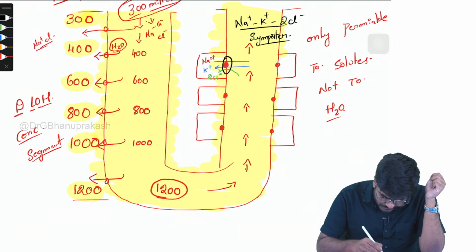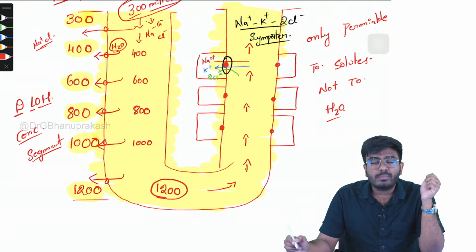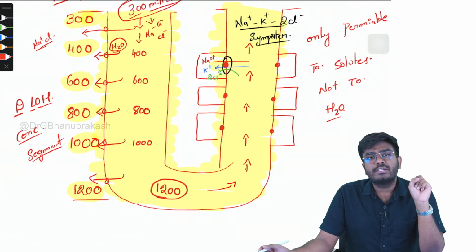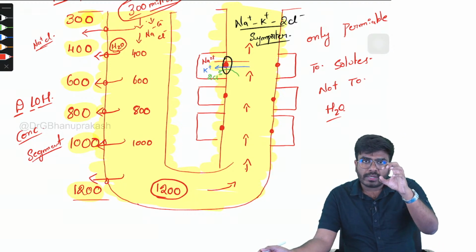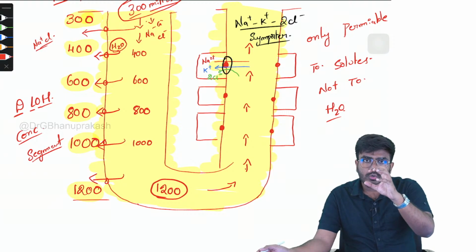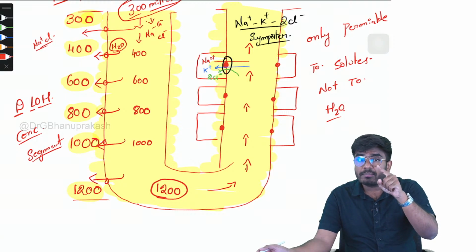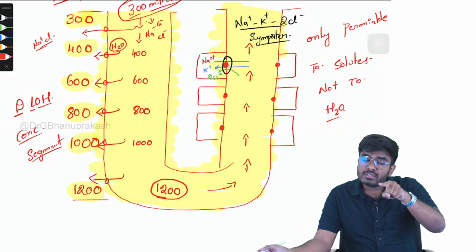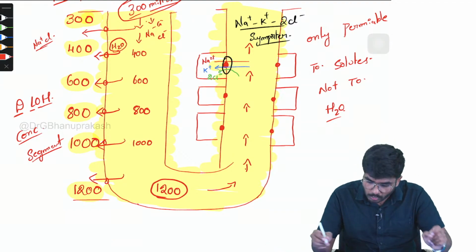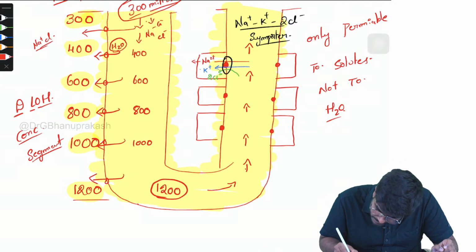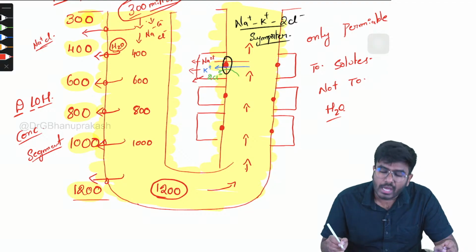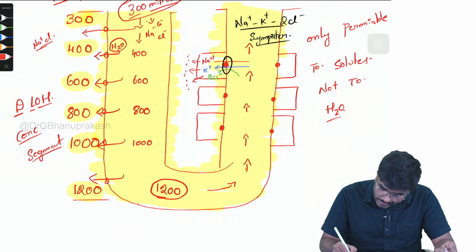This sodium, potassium, 2 chloride symporter is reabsorbing sodium, potassium and 2 chloride ions from the urine, and these ions are going to enter where? They are coming into the medullary interstitium.